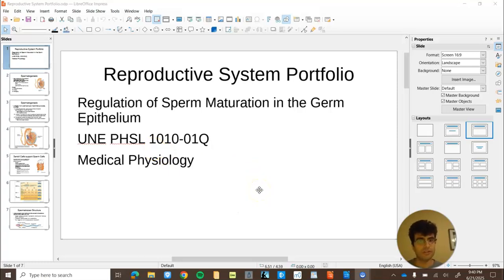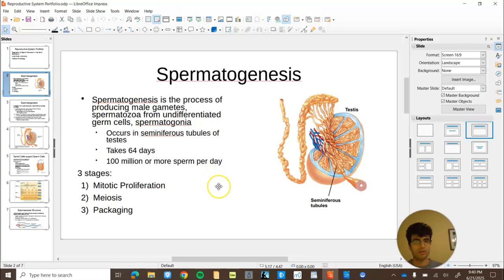I'm going to be covering the regulation of sperm maturation in the germ epithelium. So, we have a process called spermatogenesis, which is the process of producing male gametes or spermatozoa or sperm cells from undifferentiated germ cells called spermatogonia.